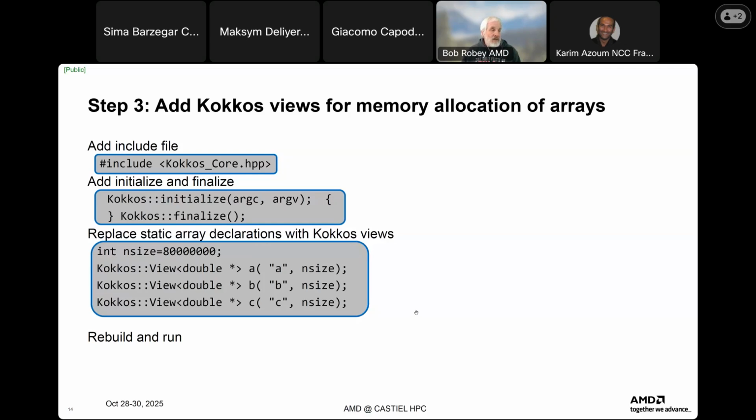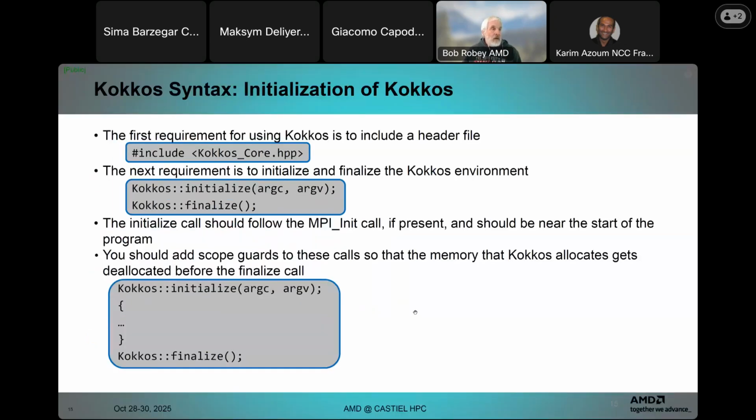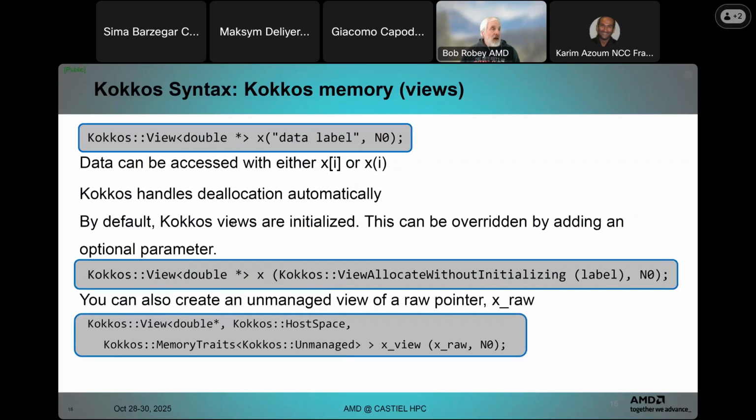So we do that and we rebuild and run. We haven't specified the compute directives yet. So this is just providing the structure for the initialization of Kokkos, and then how to create a memory, Kokkos memory, or views.